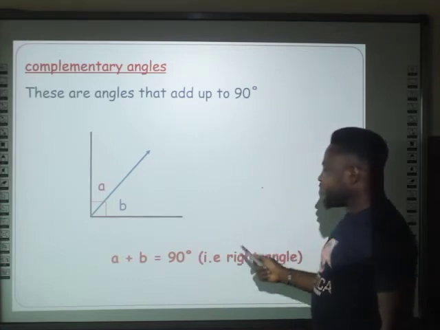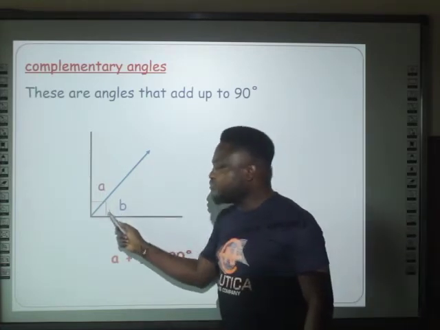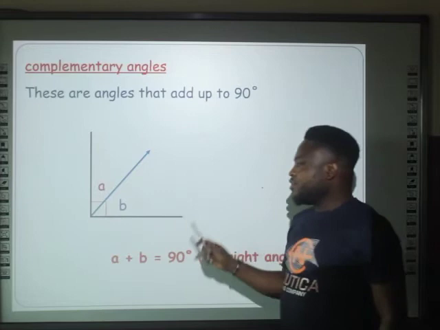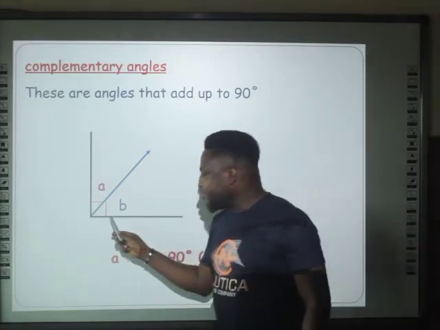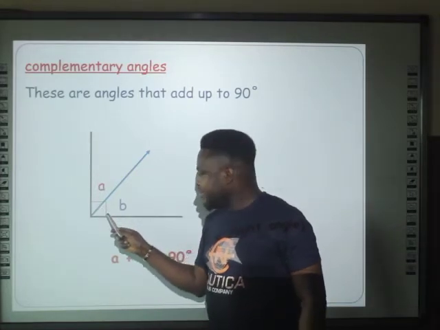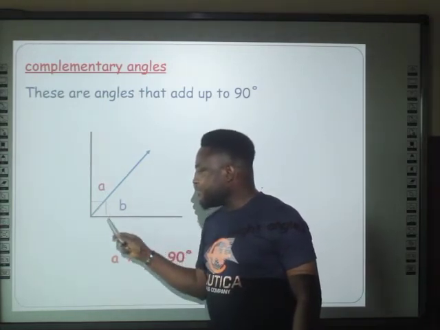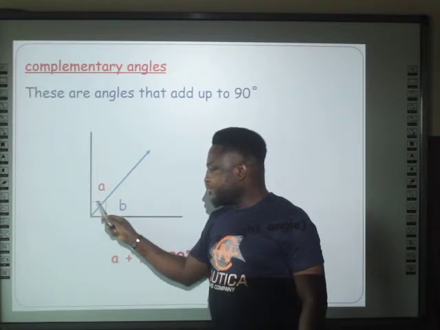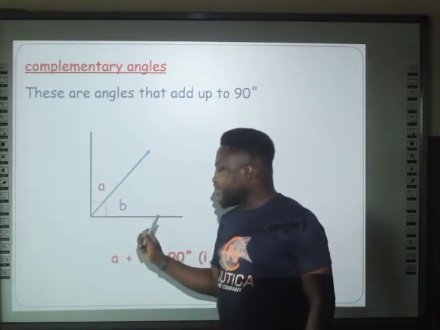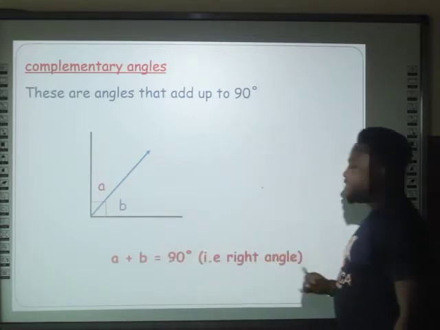You normally use this square to represent a right angle. In diagrams, anytime you come across this square shape, it represents a right angle. So this is a right angle. A plus B is equal to 90 degrees.